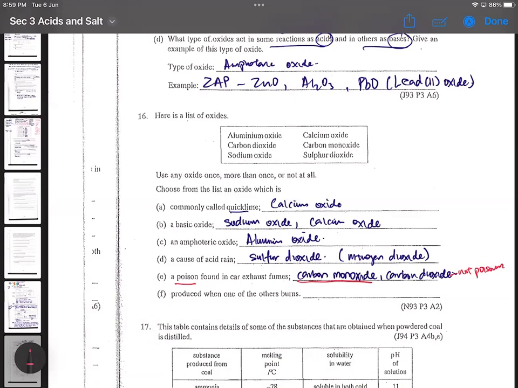So now let's do a quick one on why carbon monoxide is actually poisonous. Although it is neutral, it has the ability to form a stable compound with hemoglobin in the red blood cell.